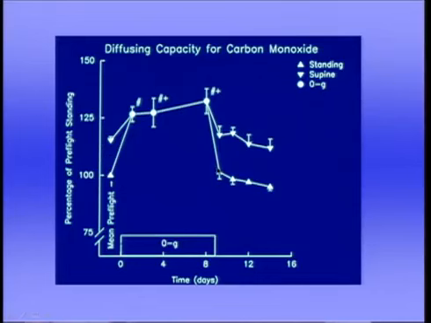And you can see that when the subject came back down to Earth again, there was an immediate return to essentially the normal values that were seen before. So this is an example of the change in diffusing capacity.